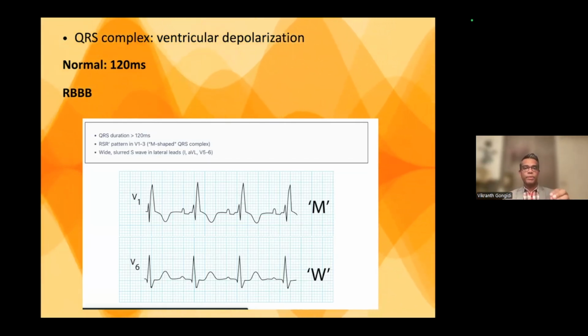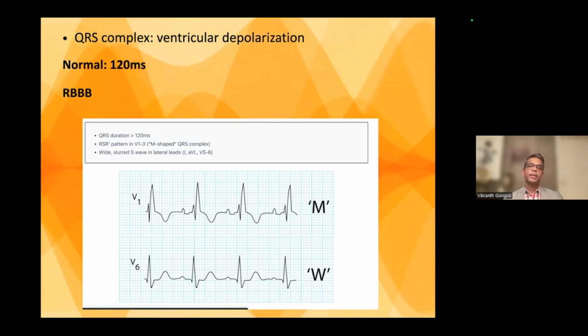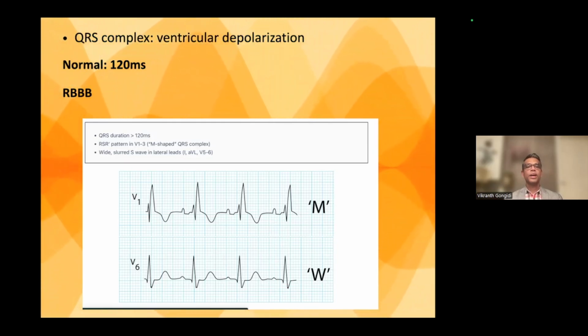So if there's a block on the right side, this is the pattern you get, which is a QRS greater than 120 milliseconds. And then usually in V1 and V2, you have an RSR' pattern or this M pattern. Some people call it the bunny ears. That's the RSR prime. Sometimes you may not see that.